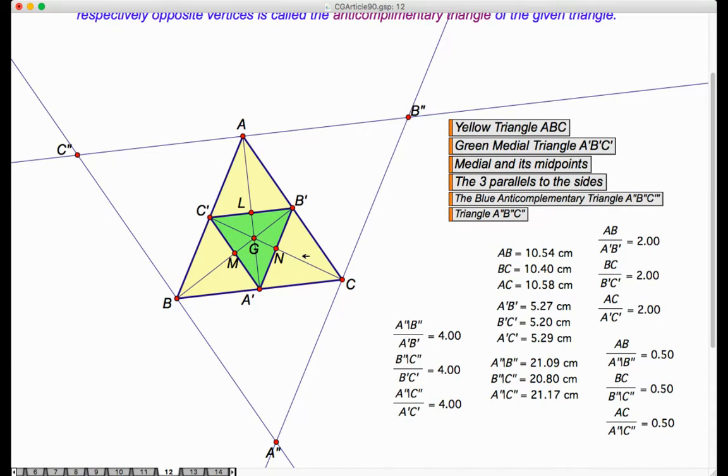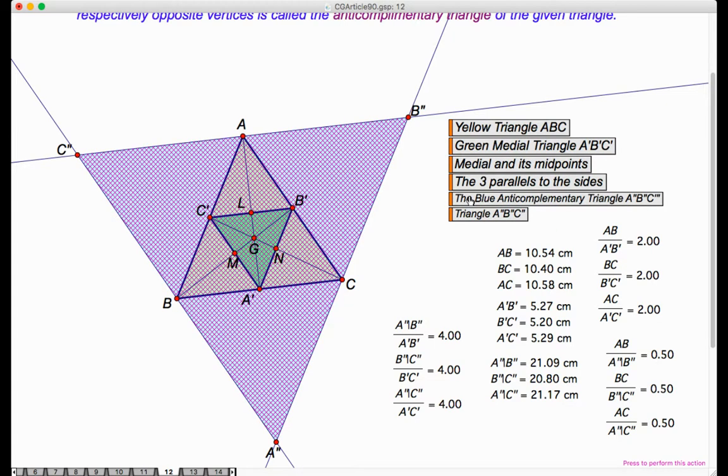The triangle formed is the blue triangle.